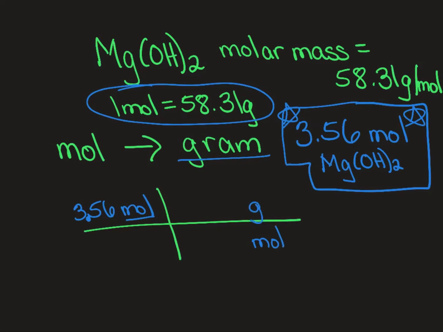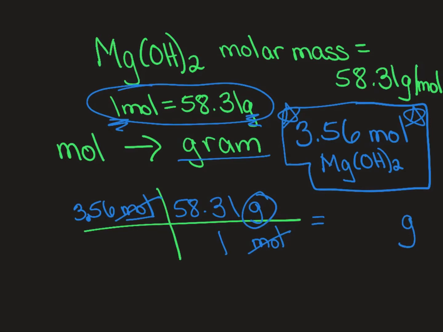Then go up to our relationship. You have 1 next to mole, so we're going to put that there. And next to the g, you have 58.31. Your moles cancels out, and we're left in grams, which is what we need. So you can go ahead and write that unit there. And then you get your calculator, and you have 3.56 times 58.31.